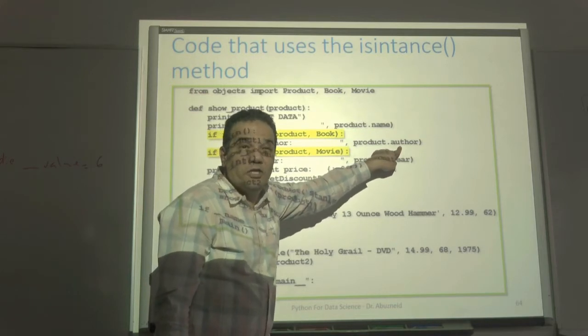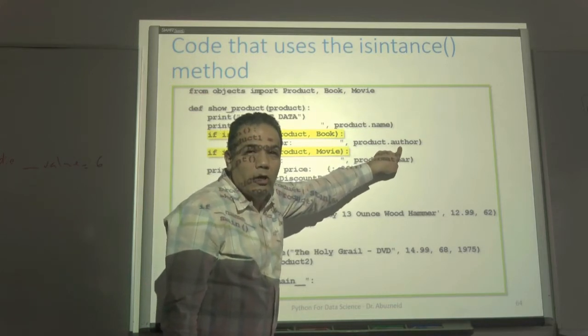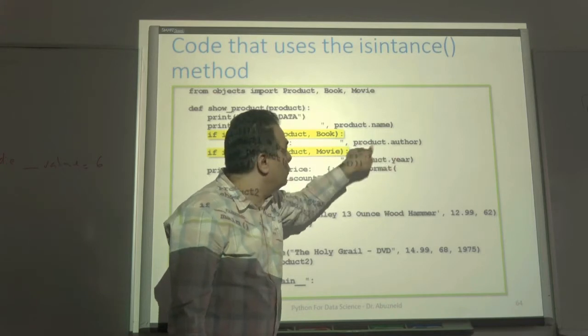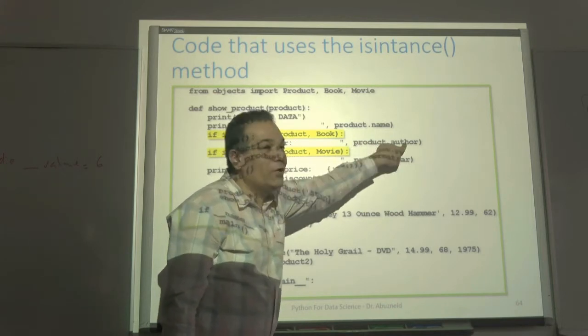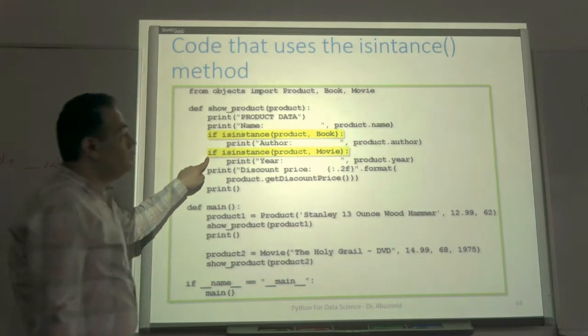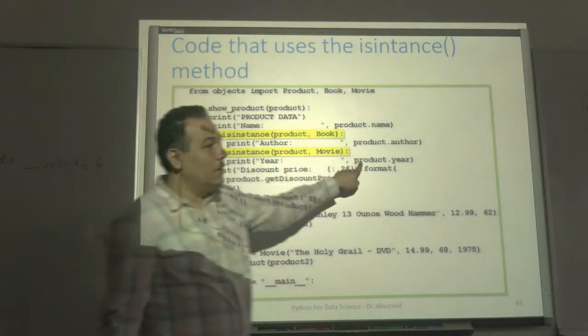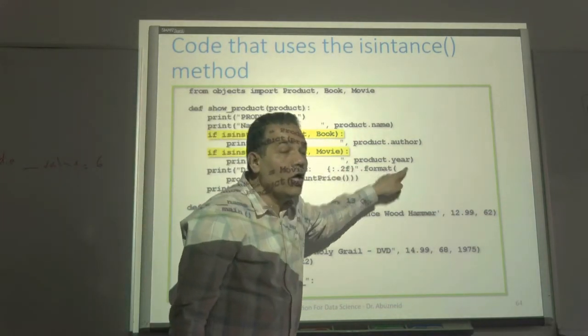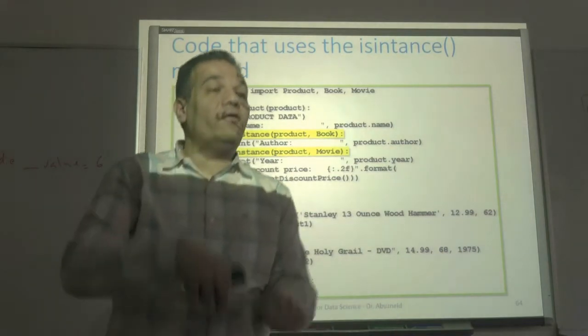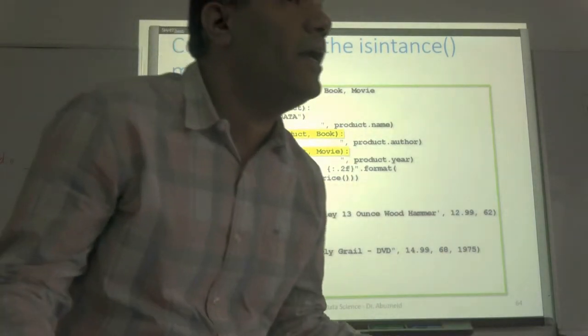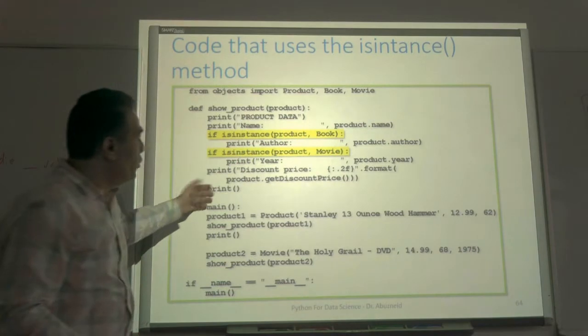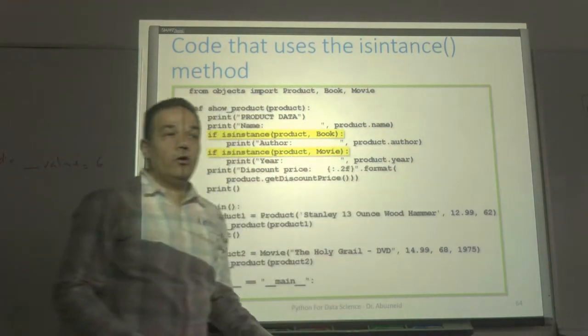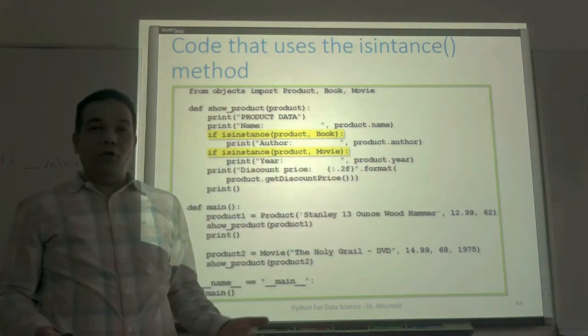That's why I need to know, is it part of the book class? Then I could add also what? The author. Is it part of the movie? Then what do I have to add? The year. If it's not from the book and not from the movie, I don't have to add anything. It will be printed normally, without the author or the year. Okay, it's just for your logic.